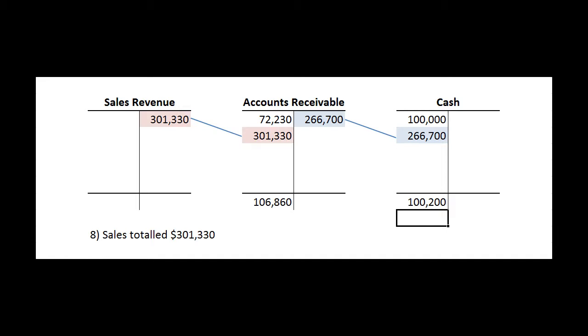That is $72,230 plus $301,330 minus $266,700. Debit, credit should equal that. And that will be the first thing that we look at with cash, that is the amount that we receive from customers.